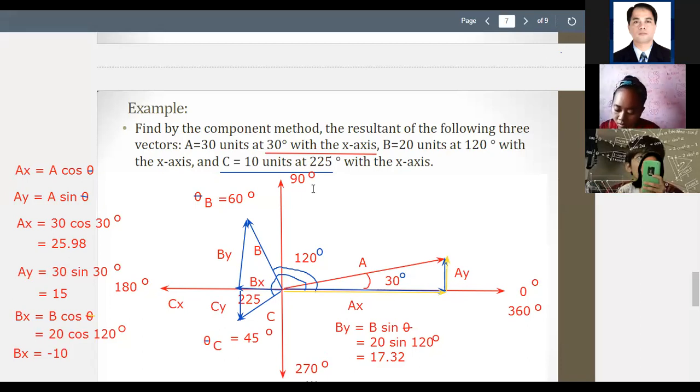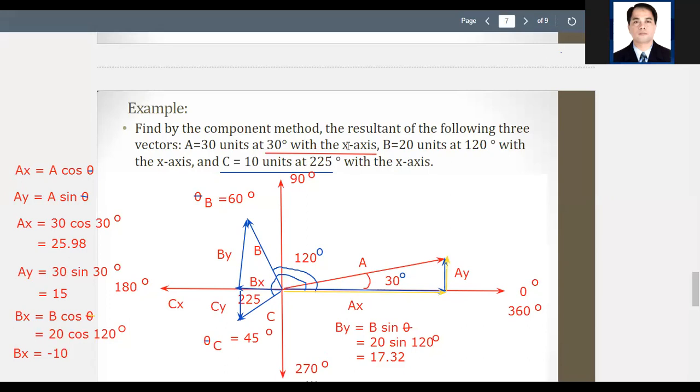But I want you to look for the value of the components of C, C sub X and C sub Y. So please determine our components there of our C sub X and C sub Y. Okay, now here are our values for our C sub X and our C sub Y. So if you get the values there, I think the values there will be both negative.